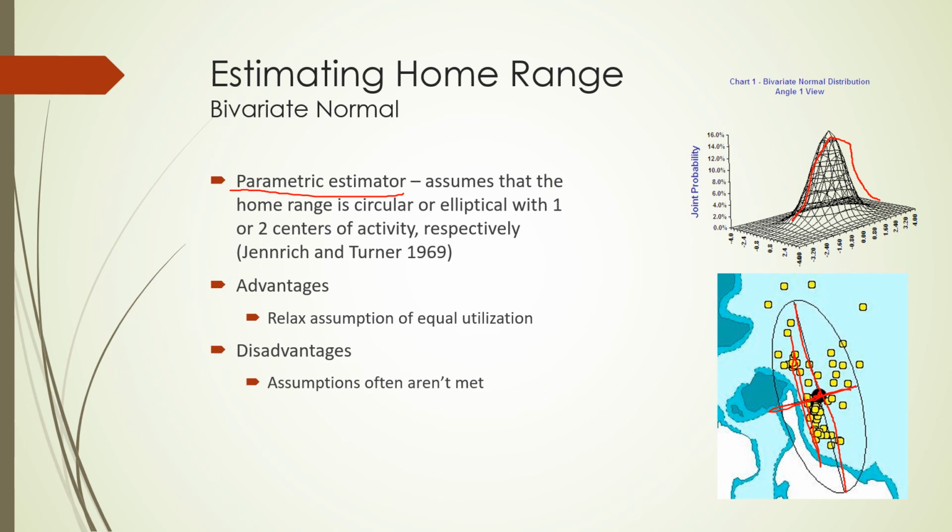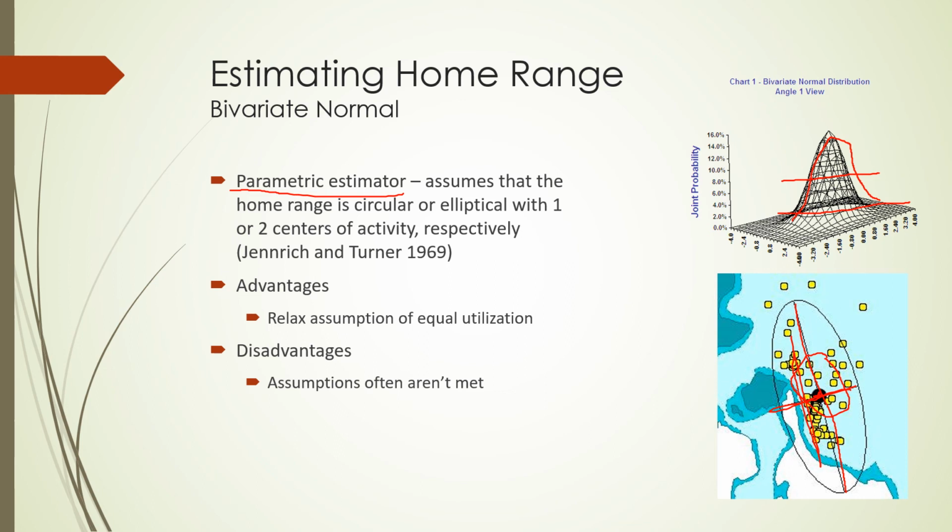And doing that, we can make this curve. And that can be useful. You can say, okay, where does the animal focus most of its use? Maybe we'll look at the 50% utilization distribution and say, okay, well, it really is spending much more of its time here. And then you can use the 95% utilization distribution. So now we're able to kind of talk about areas that they use more or less than other areas in its home range.